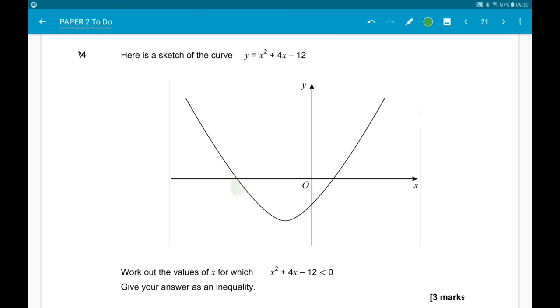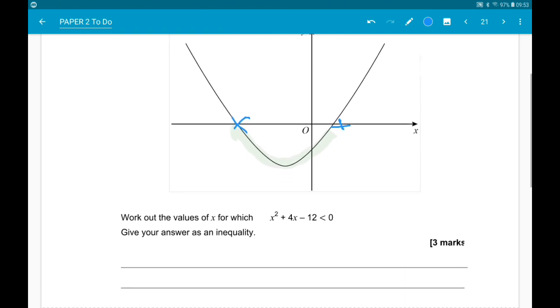So this bit down here. Now to do that, we need to find the x coordinates of the x-intercepts. So that point and that point. So at those 2 points, the expression is equal to 0.